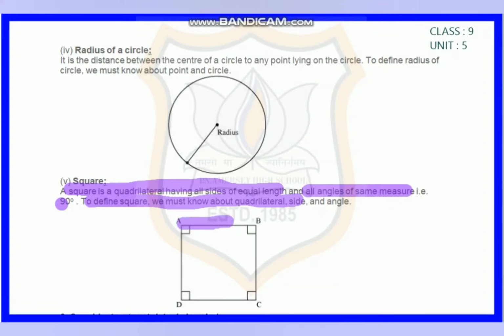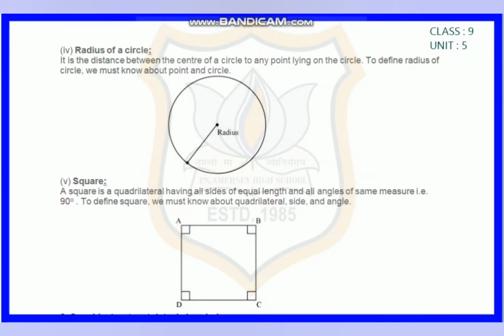Here AB, BC, CD and DA are the four equal sides and they form a quadrilateral and the angle between them is 90 degrees. So I can say this forms a square. In simple words, the quadrilateral which has four equal sides and all angles 90 degrees is called a square.